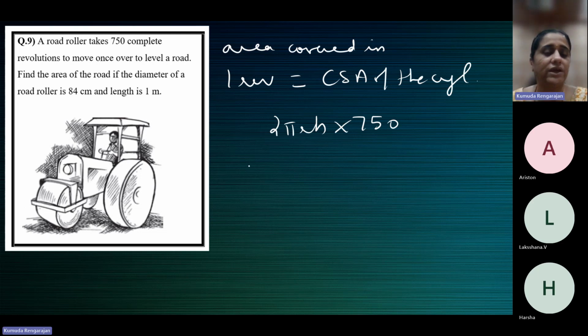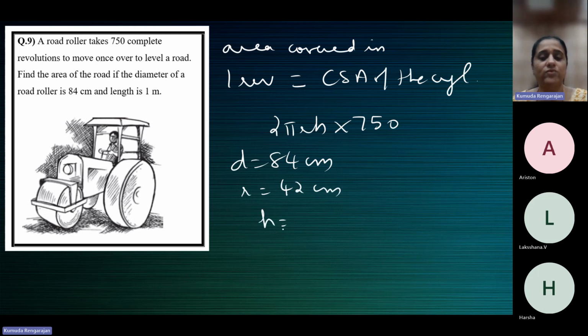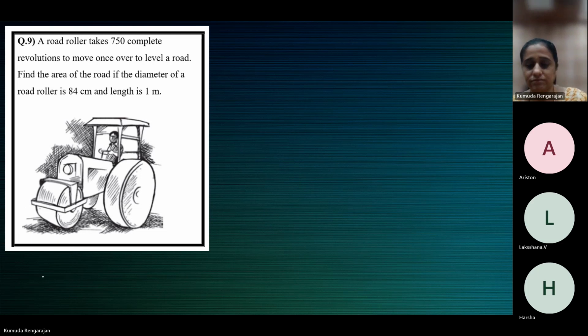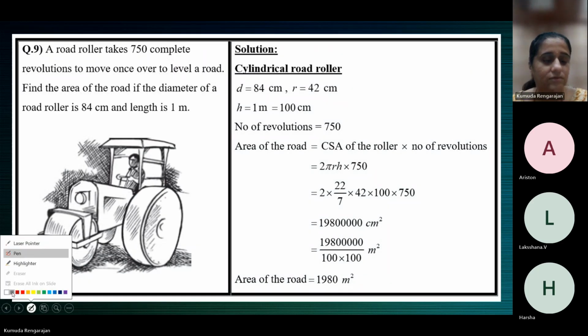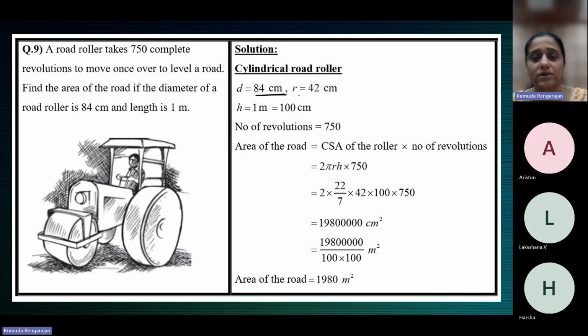So the diameter is given as 84 centimeters. Radius is equal to 84 by 2, 42 centimeters. And the height of the road roller is 1 meter, so 100 centimeters.